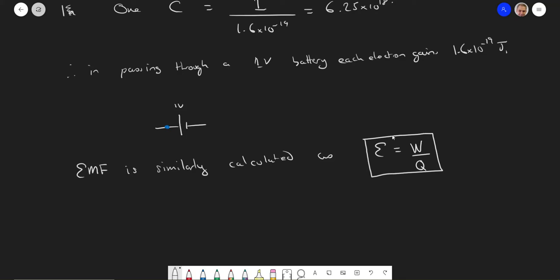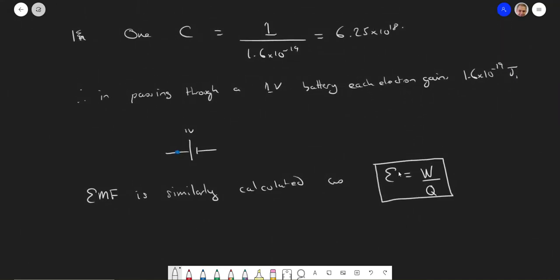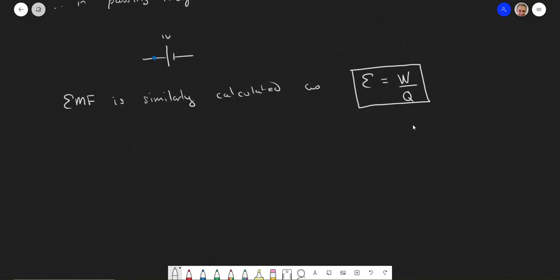So that's our nice little link between the potential difference or electromotive force that we measure in volts, the work that we're either doing or being done by a battery or on a component in joules, and the charge that's flowing through.